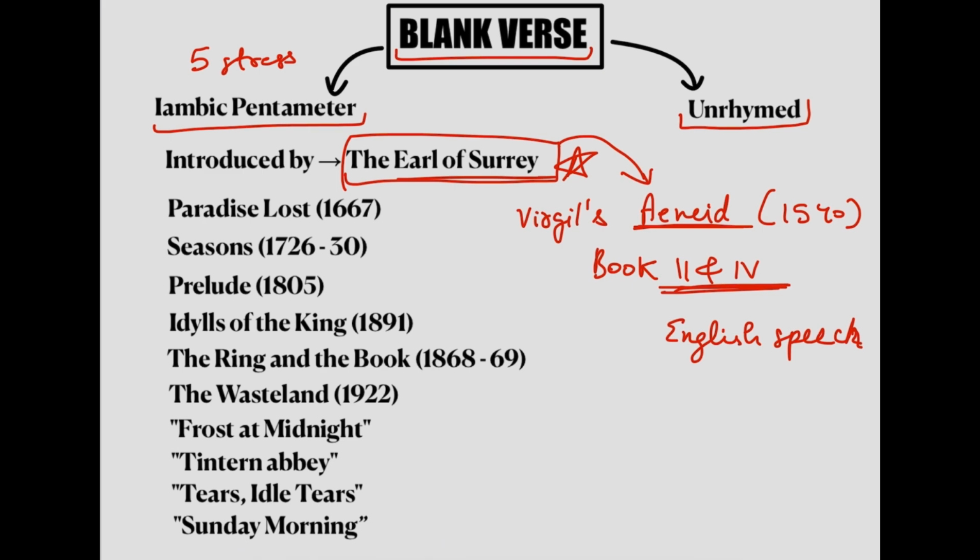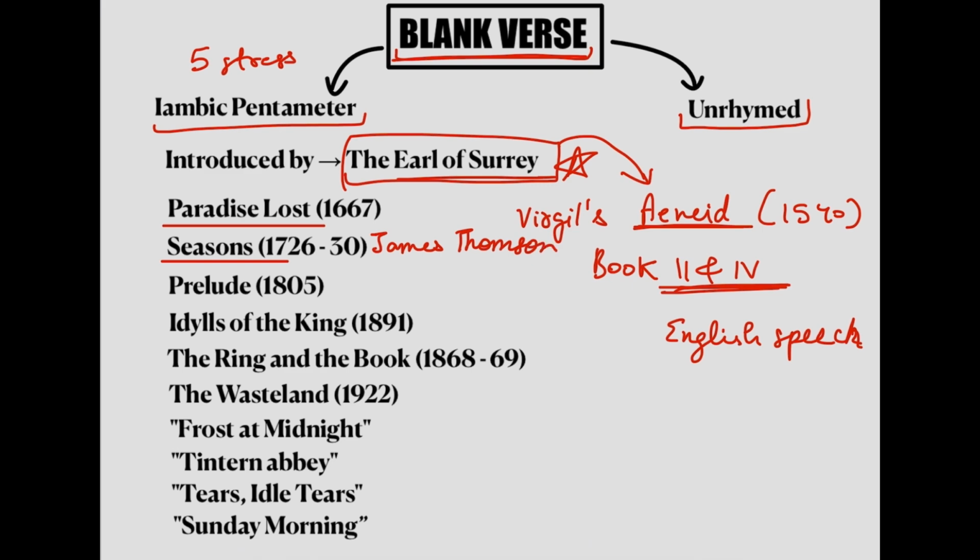After it was introduced into England by Earl of Surrey, many writers started using this form of verse in their works, such as Paradise Lost by Milton, Seasons by James Thomson. I'll write it.